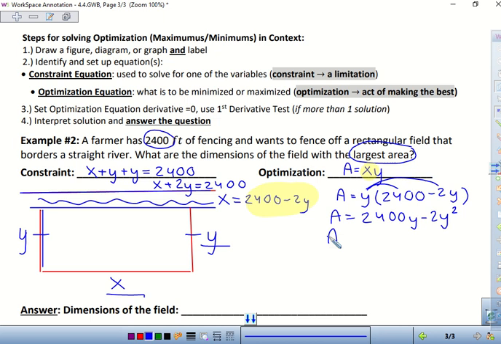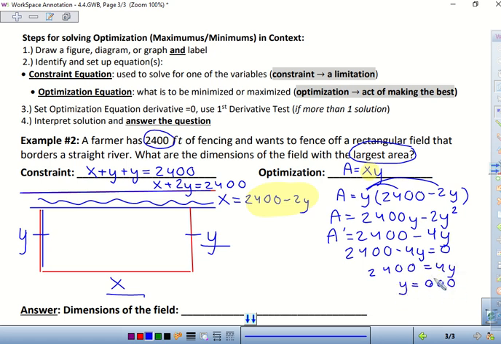Take the derivative. 2,400 minus 4Y, and then we set it equal to 0. Y equals 600. Good.